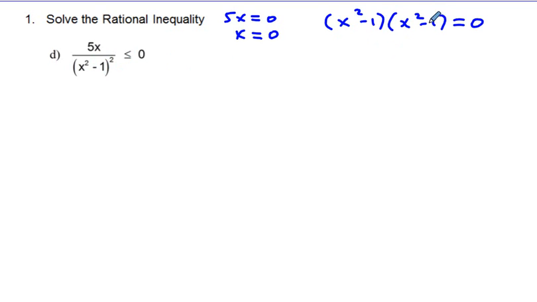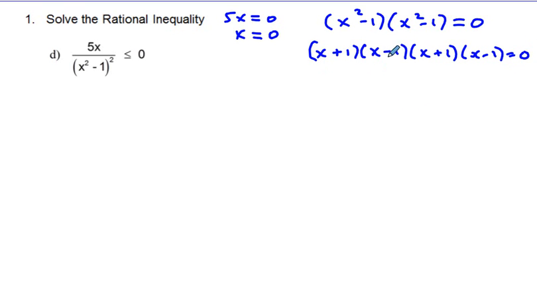And now we have further expansion opportunities because we can rewrite this first x squared minus 1 as quantity x plus 1, quantity x minus 1. And the second one, same thing, x plus 1, x minus 1 is equal to 0.